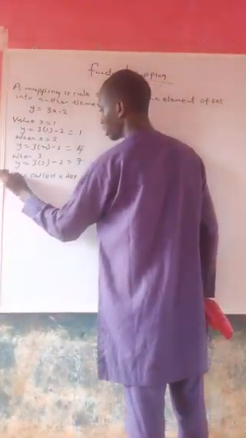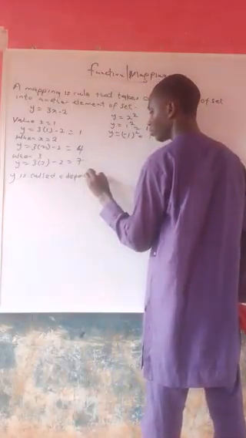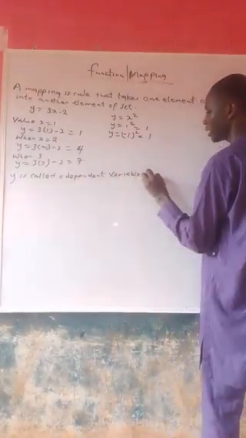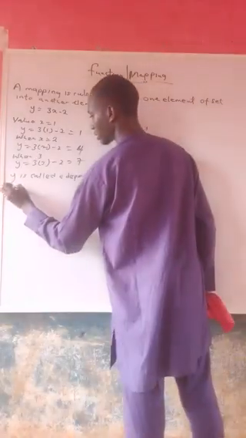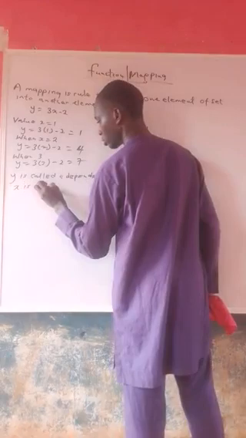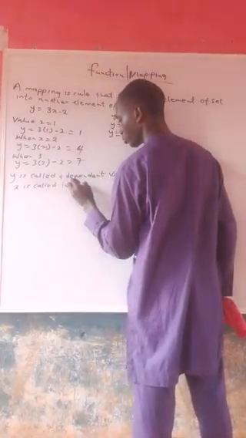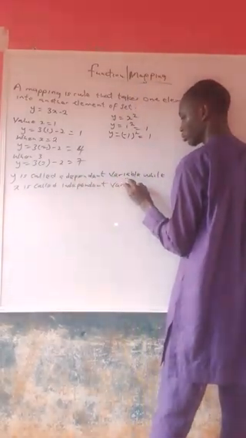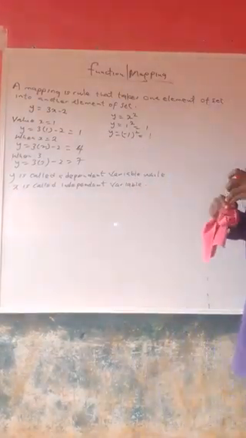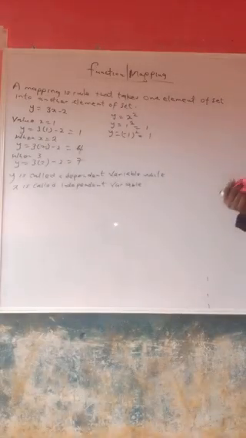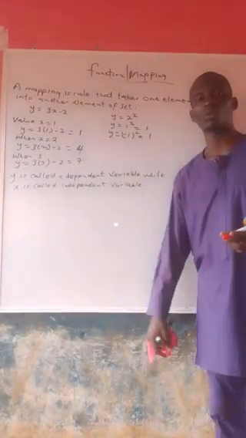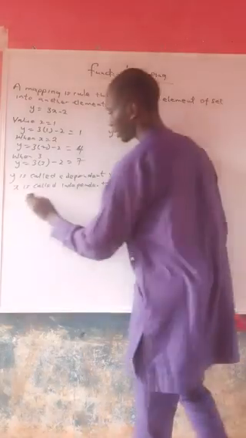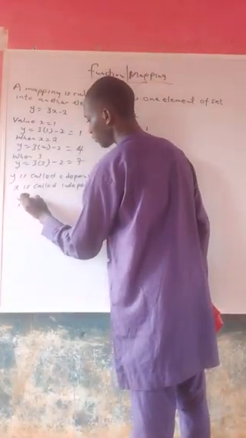Y is called the dependent variable because it depends on the value of x, while x is called an independent variable. And I can say that this y is equal to f of x.